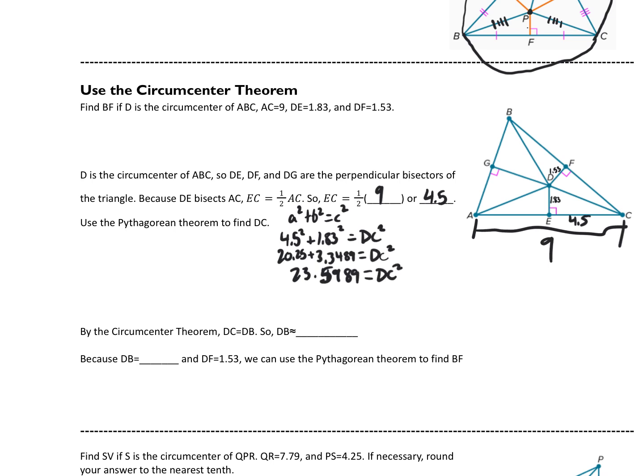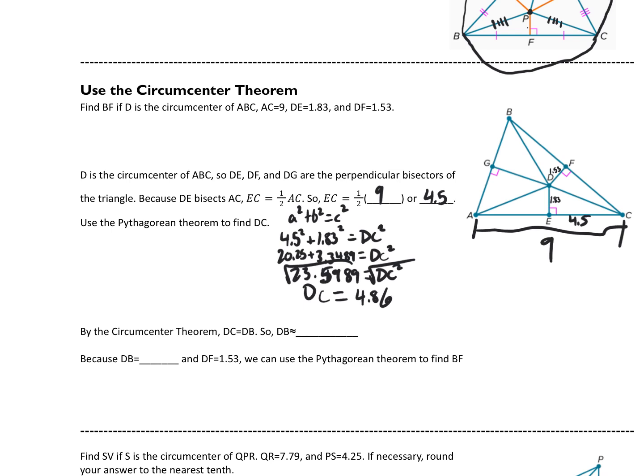Well, I don't want DC squared, I just want DC. So I have to take the square root of DC squared. So I get DC is equal to the square root of 23.5989, which is 4.86.